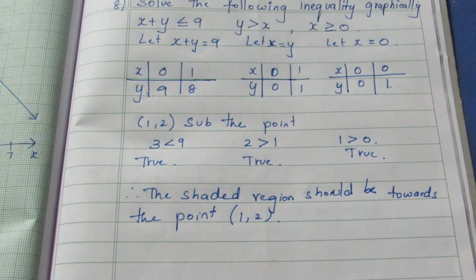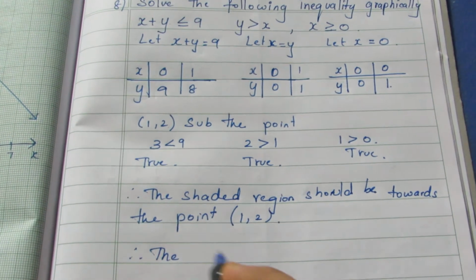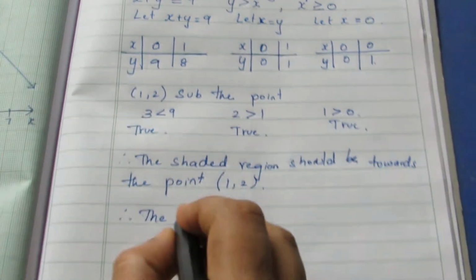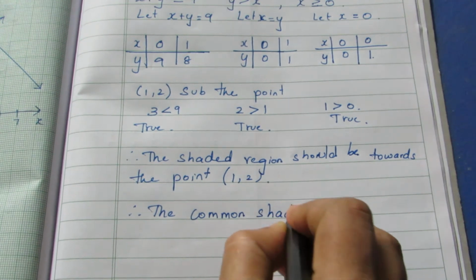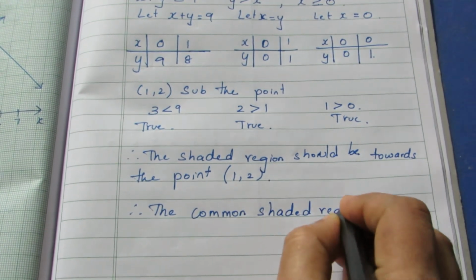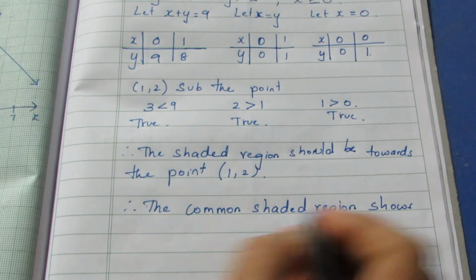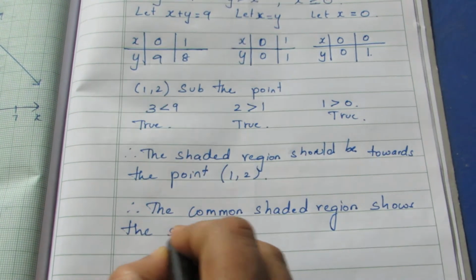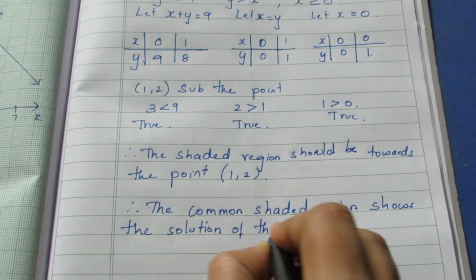So your shaded region will be towards the point 1, 2. Therefore the common shaded region shows the solution of the inequality.